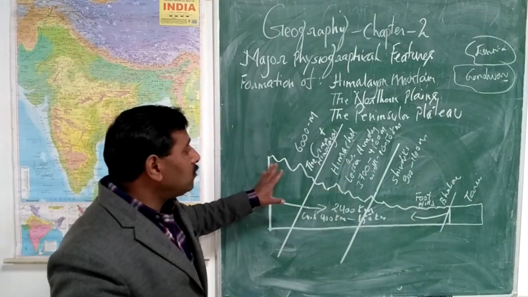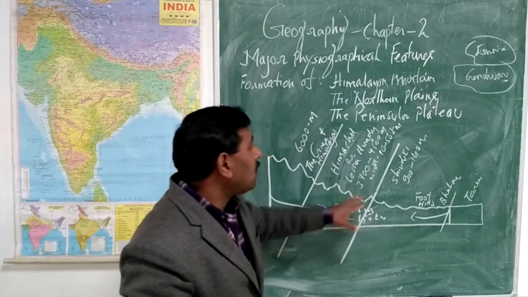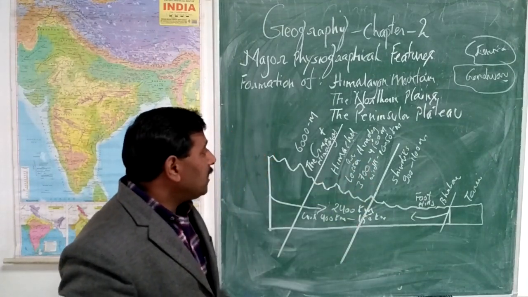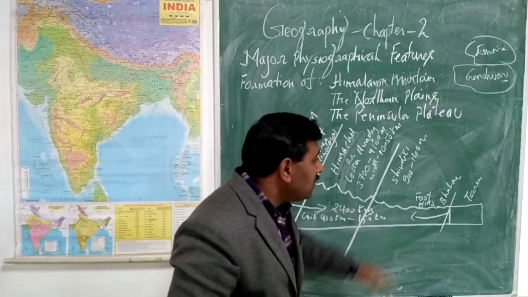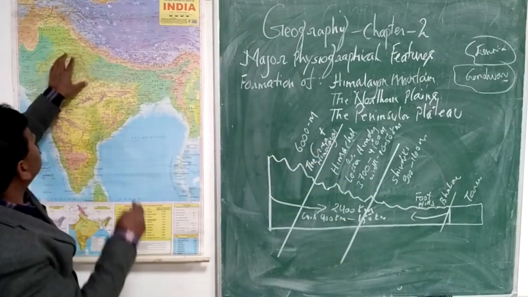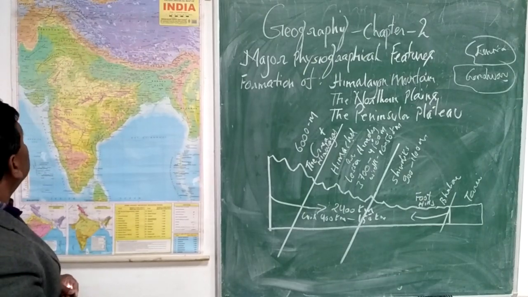The average height is around 3,700 to 4,500 meters, and the width is around 10 to 50 kilometers. And then we have the Shivalik. Same you can understand over here also.